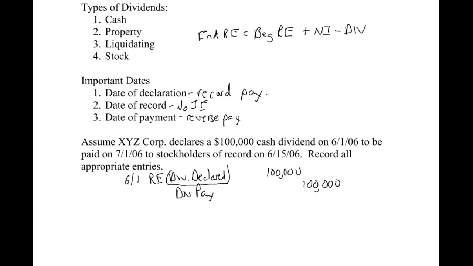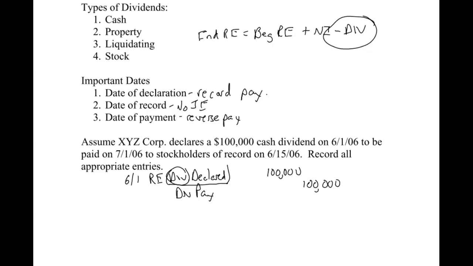If you had a debit to dividends here, at the end of the period you would close this account out with a credit, and then you would debit retained earnings, because remember, dividends reduce retained earnings. I typically just take it directly out of retained earnings when I'm recording the dividend. That's my personal preference, and then I wouldn't have to do the closing entry at the end of the period.